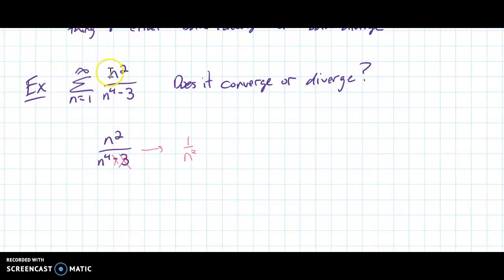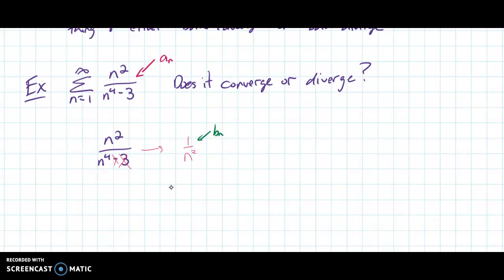And what the limit comparison test does is it says that when the 3 goes away, it gives me this over this, so it's a way to say that this acts like 1 over n squared. So what I'm going to do is this right here is my A sub n, and this right here becomes my B sub n.